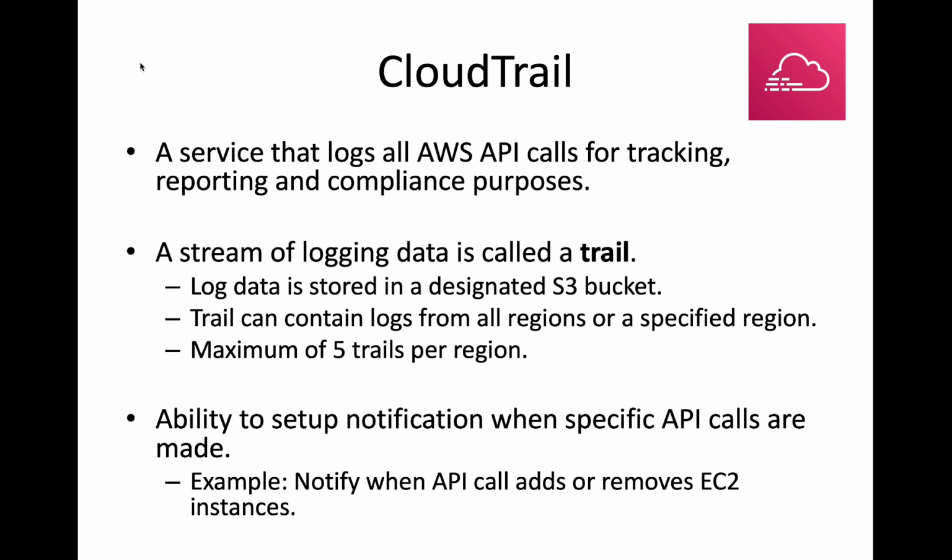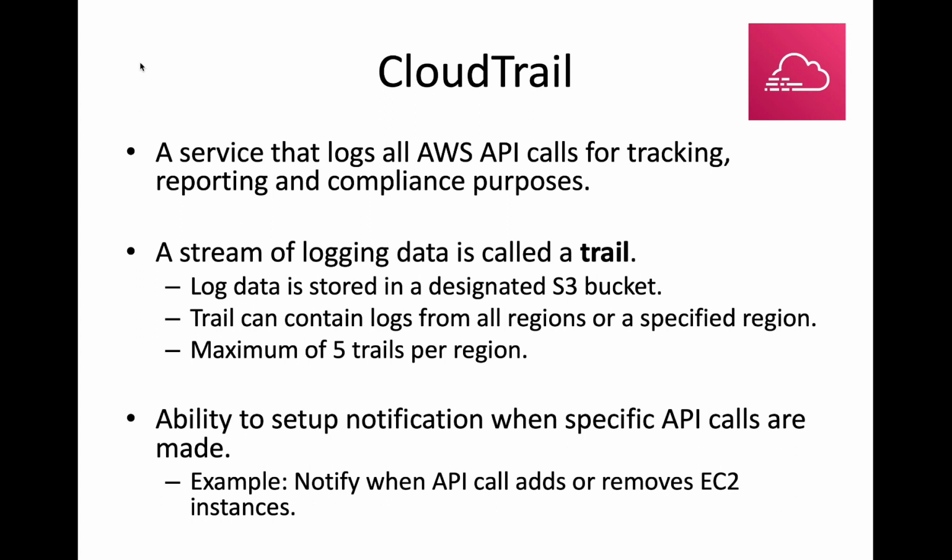The API requests are stored in a log stream called a trail, and this log data is ultimately stored in an S3 bucket that you designate.